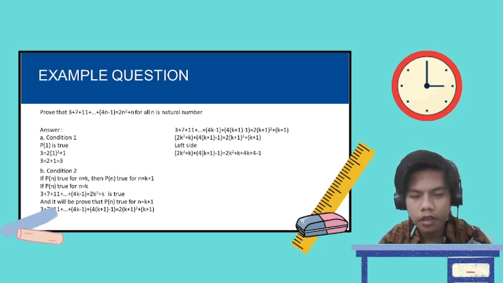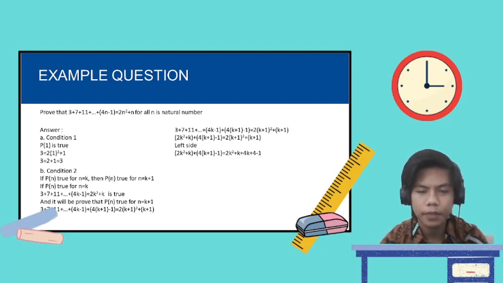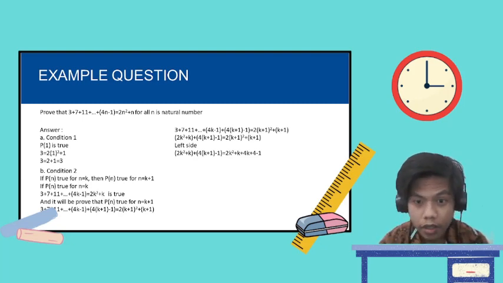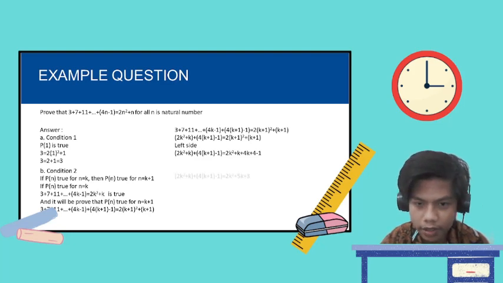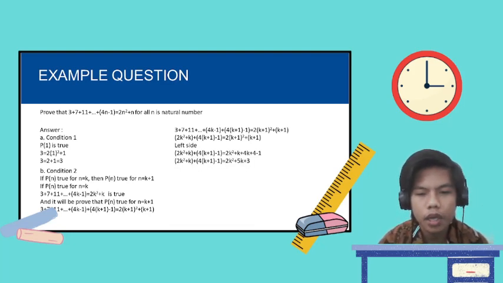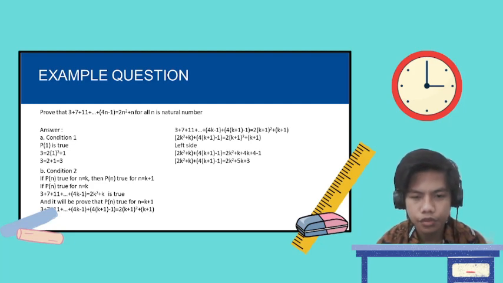So we work with the left side, and that can be simplified to 2 times k square plus k plus 4 times k plus 4 minus 1, and that equals 2 times k square plus 5k plus 3.